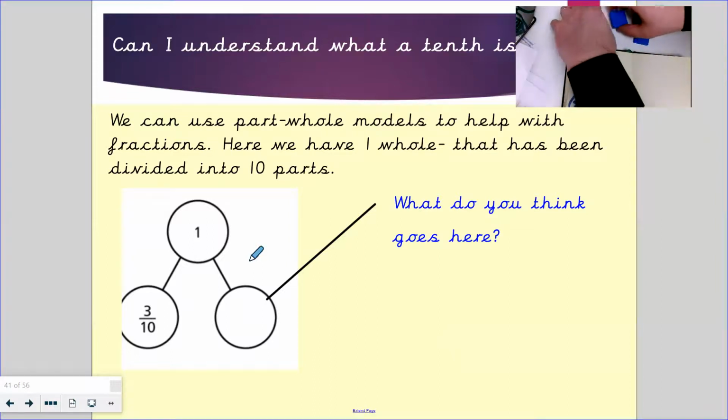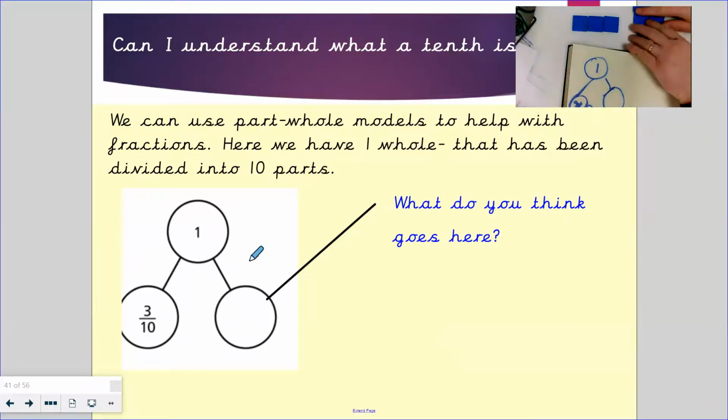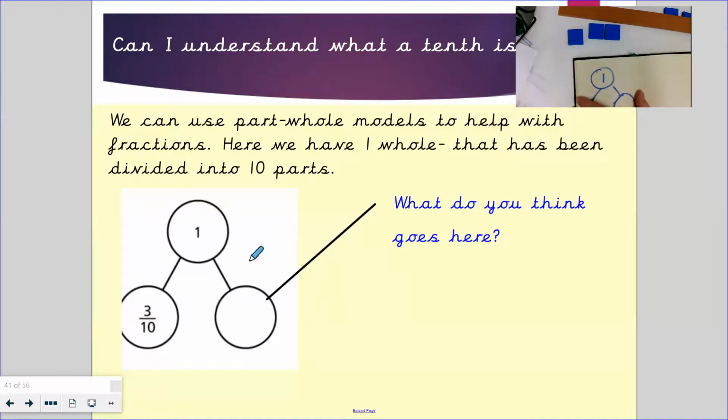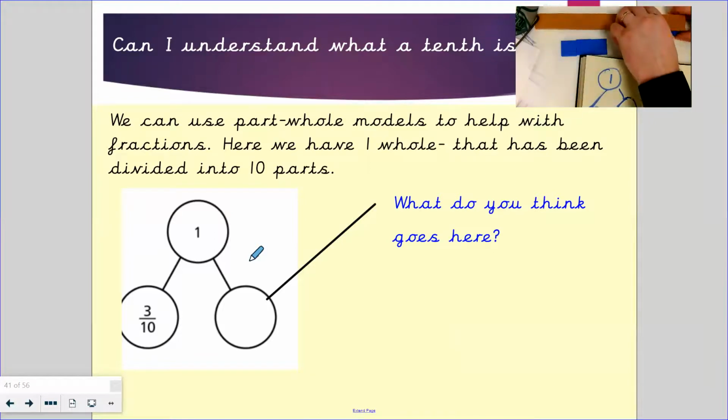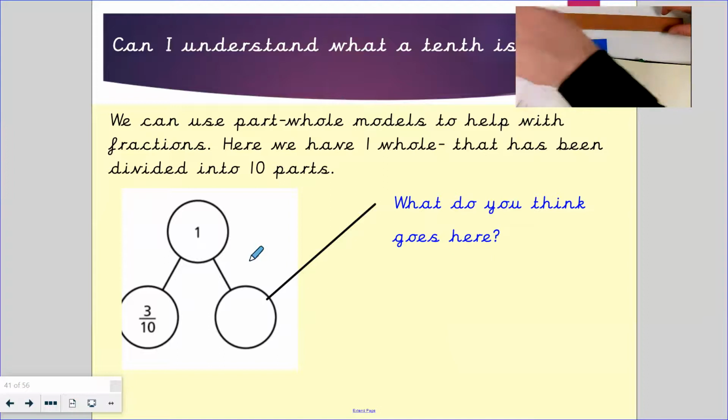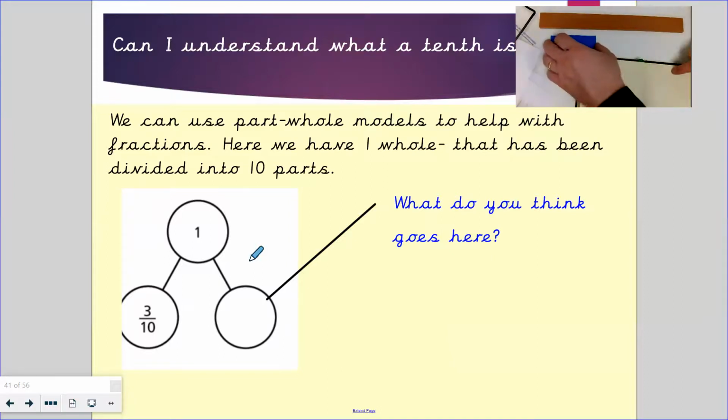So here's our 3/10 that we've got, and I put them over there. And then how many more tenths do I need to make up my whole? So let's get the whole up so we can see it. Hopefully it'll fit in the whole screen. There we are. So we've got our 3.